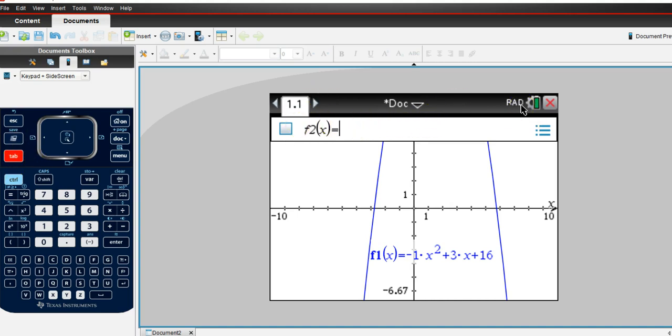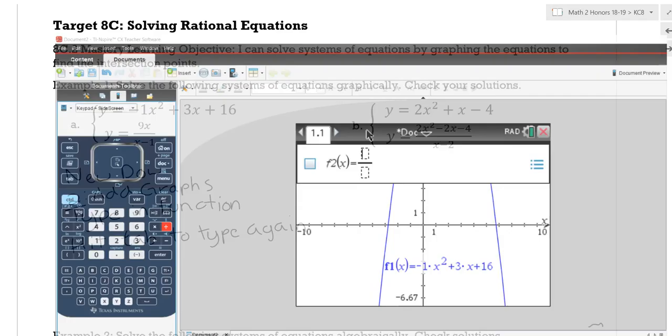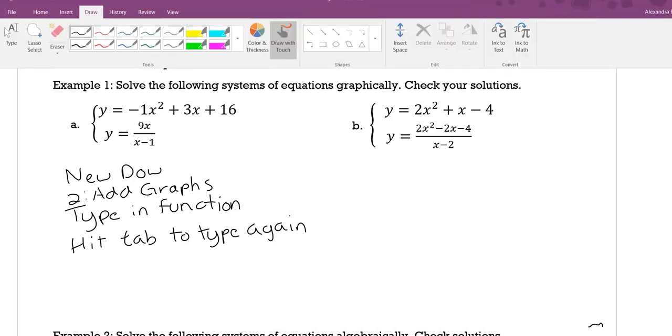Okay? Then I'm typing in this fraction. On these calculators, to type a fraction, really what you want to do is hit Control first and then hit divide. And it pops up very nicely. Okay. So let's write that in.